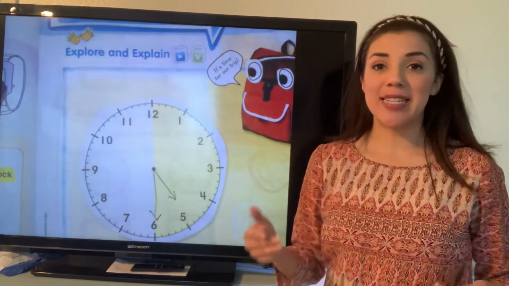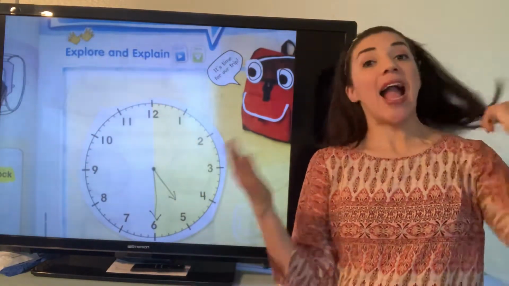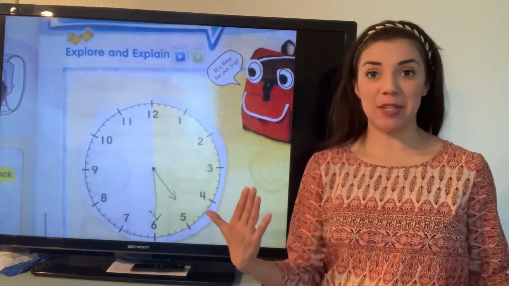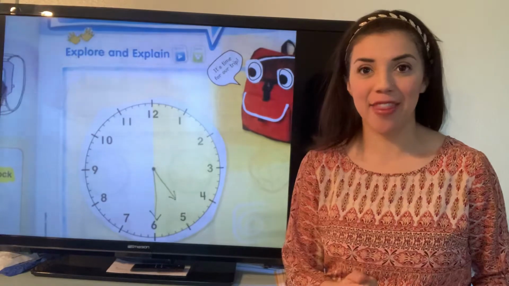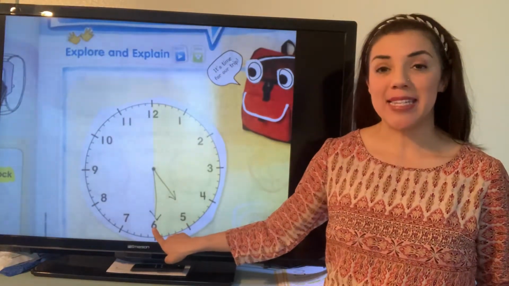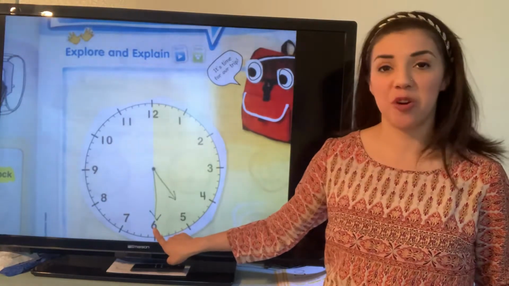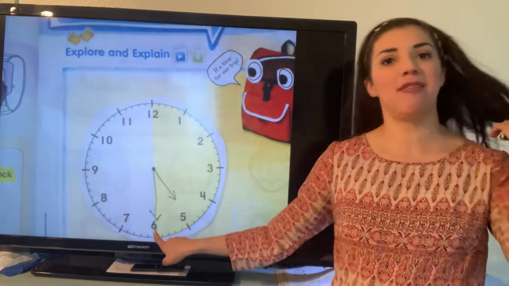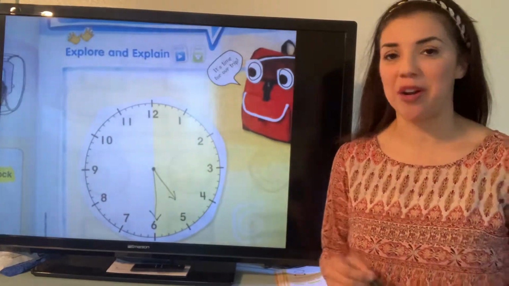So 1 hour is 60 minutes, okay? Half of an hour would be half of 60, which is, you got it, 30, right? So it makes sense that the half hour will be at the 6 because this 6 is where the 30 mark is in minutes. I know it could sound a little confusing, but we'll practice it more.